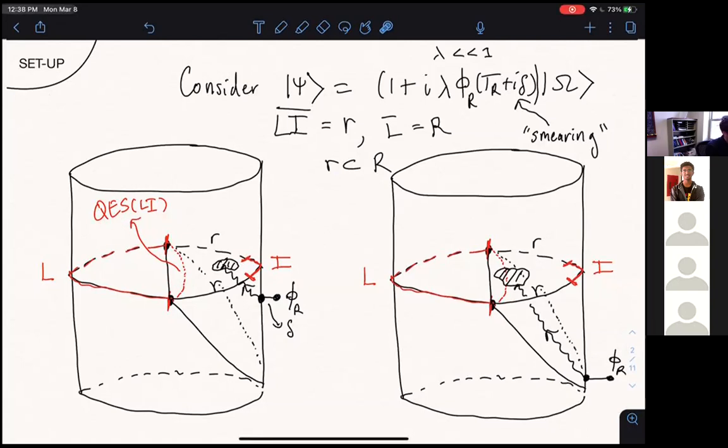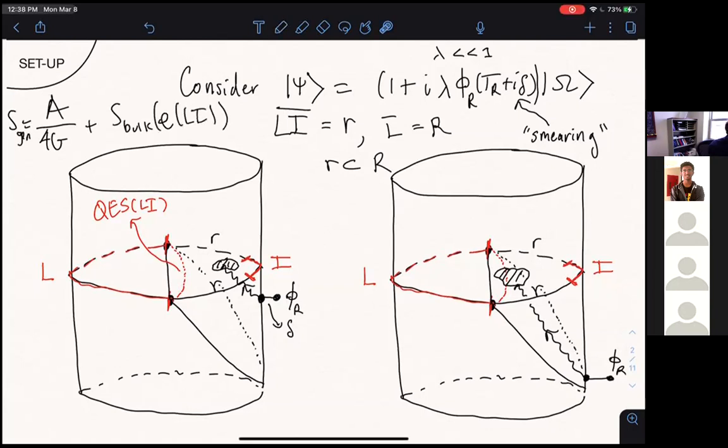And because of entanglement wedge reconstruction, it needs to be strictly larger. This region in the bulk needs to be strictly larger than the quantum extremal surface just for L. So there's some surface which is out here, which can be found by extremizing the following quantity. You take a surface, you compute the generalized entropy for that surface. So that means A over 4G of the surface plus the bulk entropy of the quantum fields associated to some entanglement wedge, E of LI, okay?